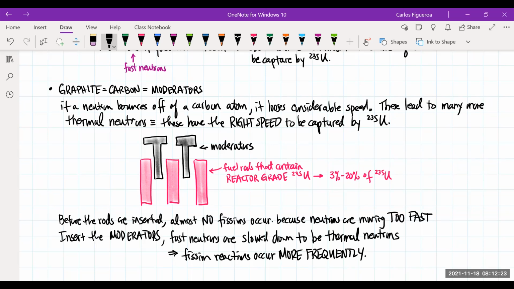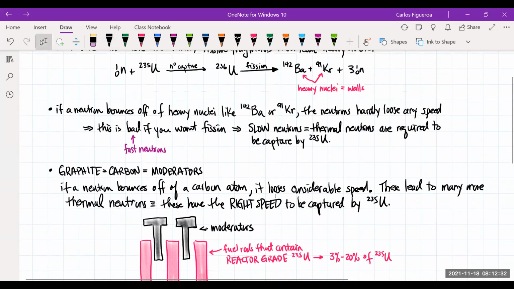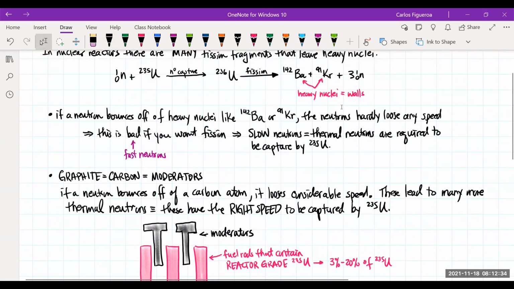So when you have this, what happens now? They release energy. And if we go back up here, one of the things that I did not mention is how much energy they release: 200 million electron volts per fission.